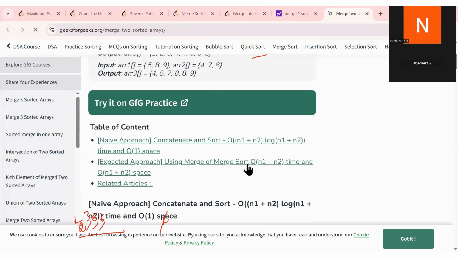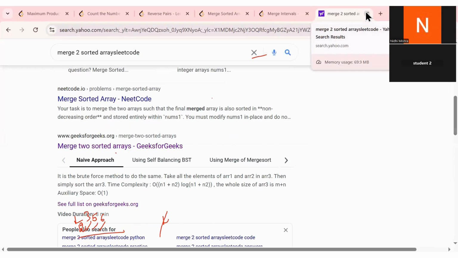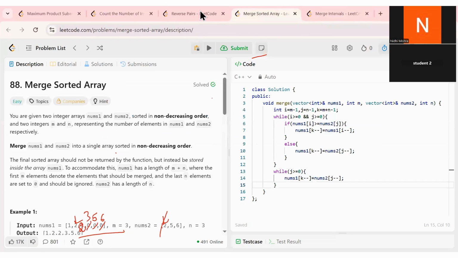Let me tell you myself. Now suppose these are the two arrays. Here the extra space is not given.